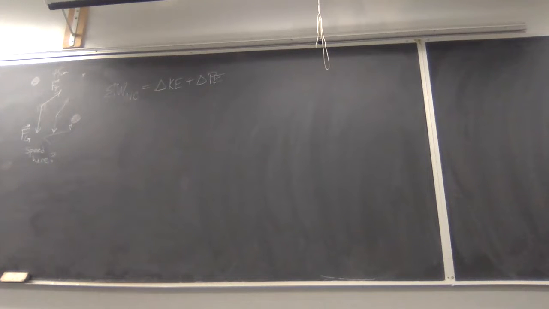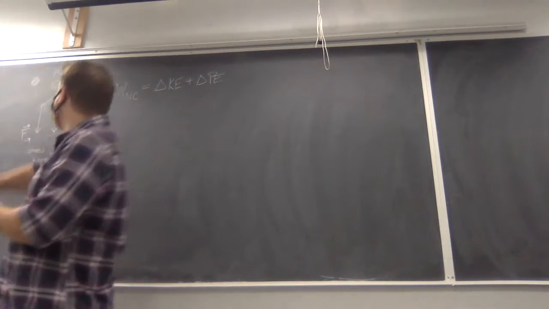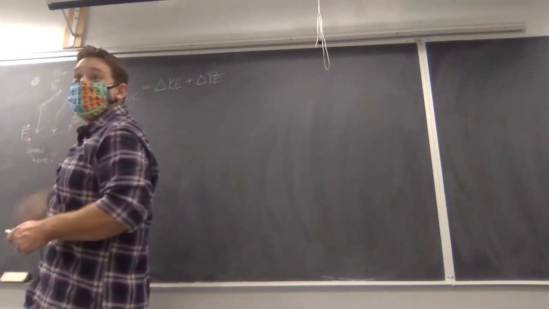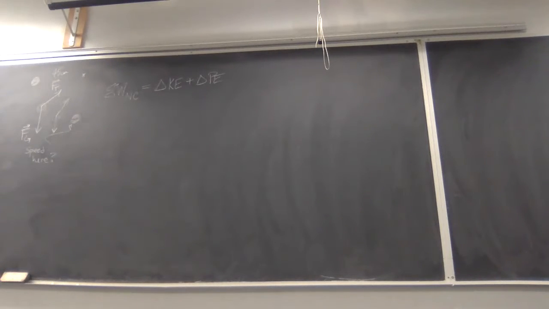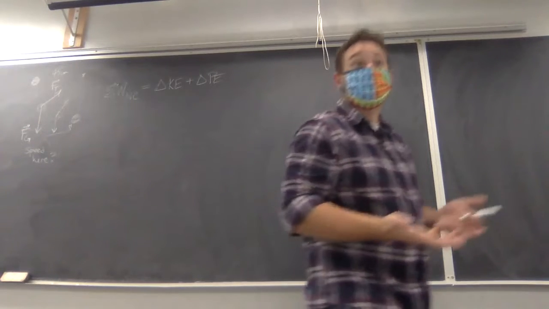I don't care about the direction. The work done by gravity is the same to get from this height to this height, no matter whether we're going in a curve, a straight line, or just vertically down. It's path independent.